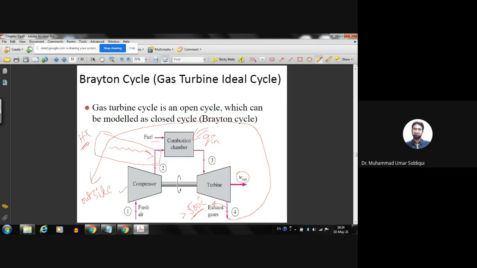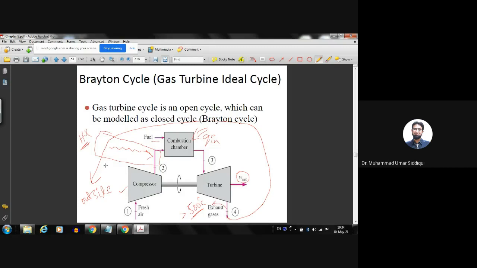So now what will happen? Not all of the Qin which was required to be supplied to this air has to be supplied with the help of fuel; rather, some of the heat is supplied by the exhaust gases. And this heat was eventually going to be wasted, but now we are reusing some of it, or we can say we are regenerating it.